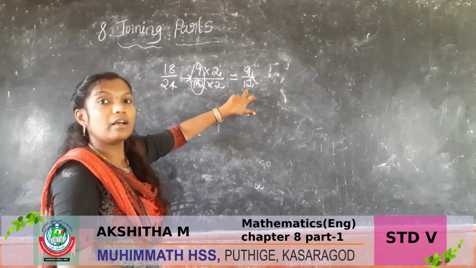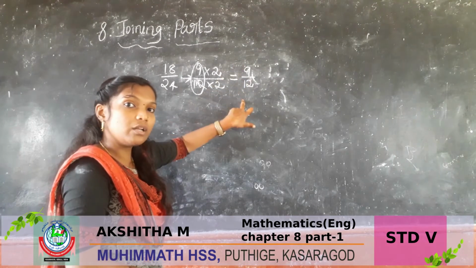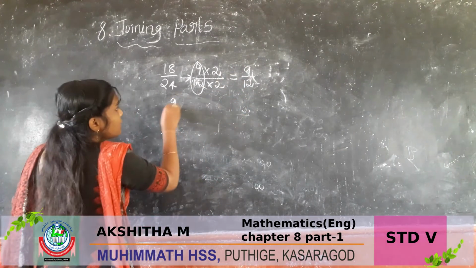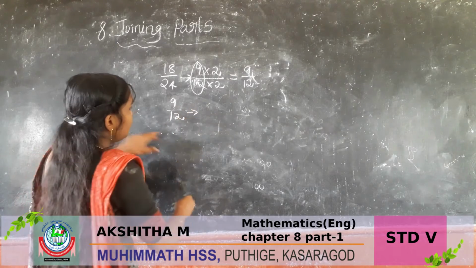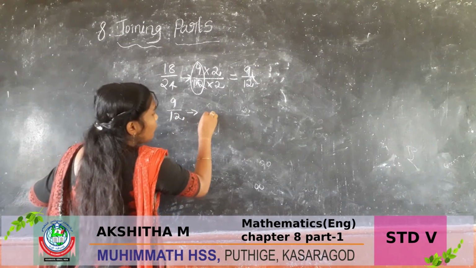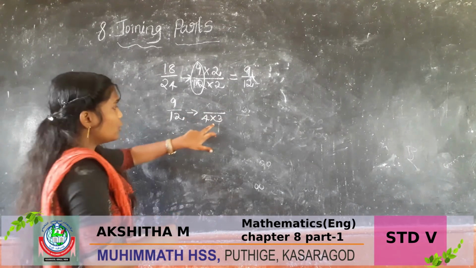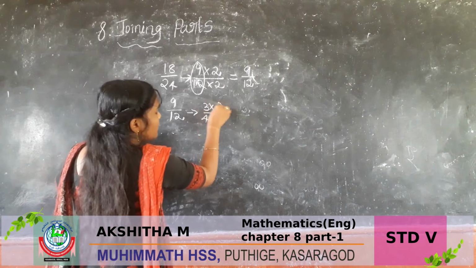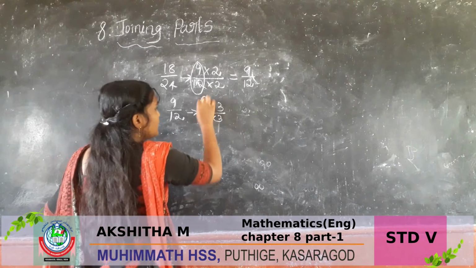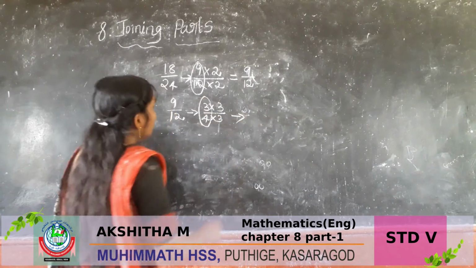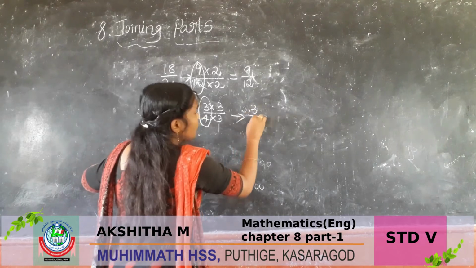Can we find out the smaller fraction of 9 by 12? Let us see that. 9 by 12. 4 into 3 is 12 and 3 into 3 is 9. So we will get another fraction here, 3 by 4.